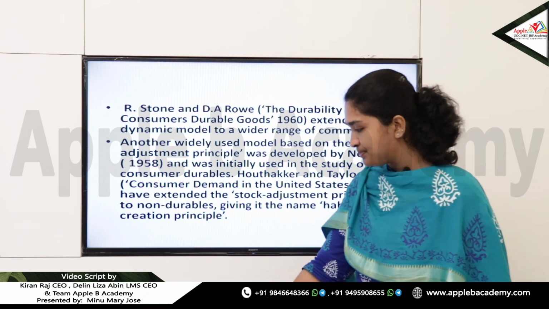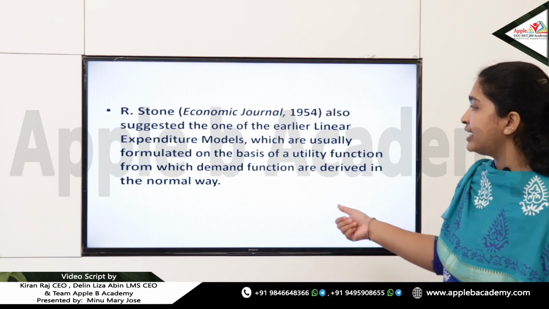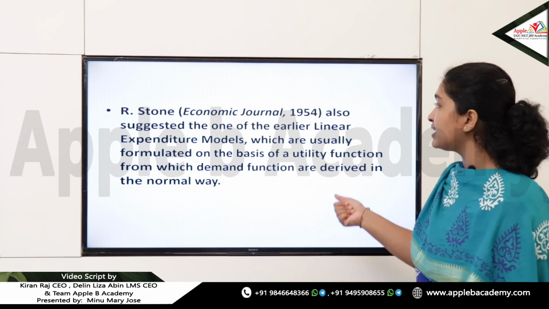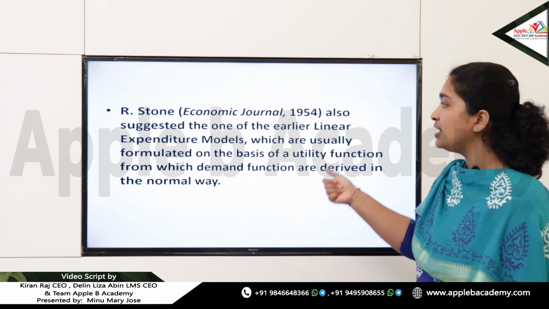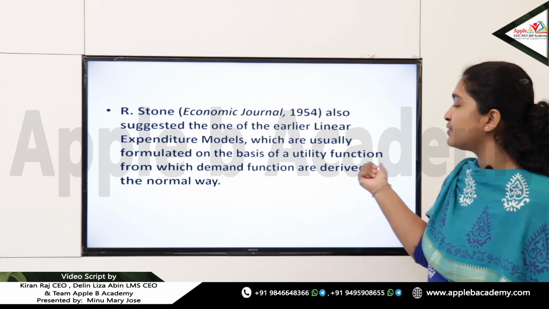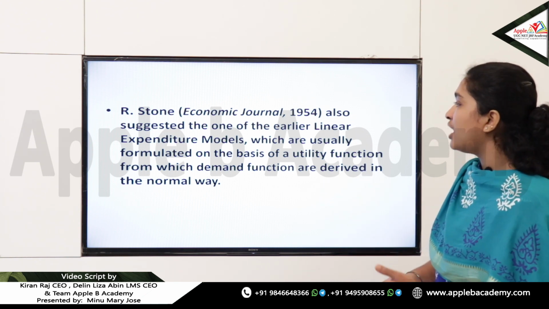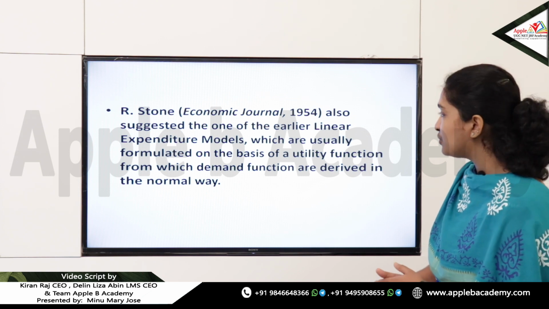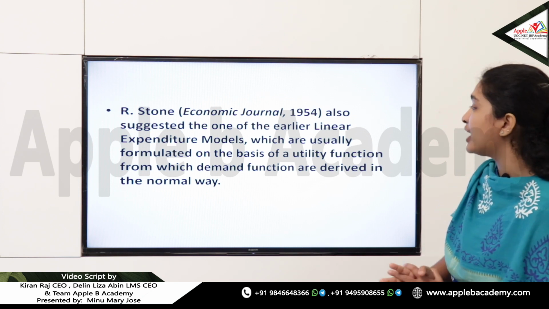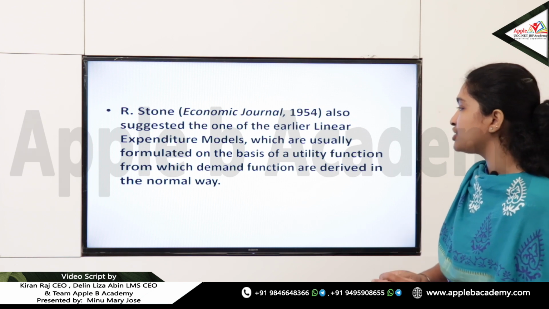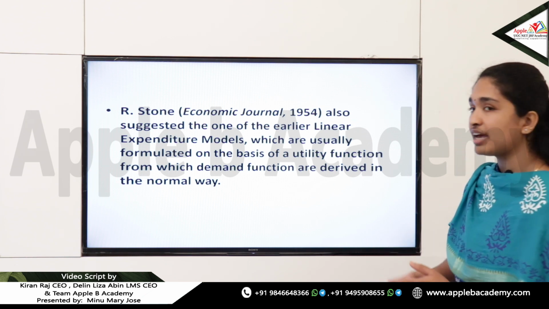1966, and then Richard Stone's linear expenditure models came up in 1954 in the Economic Journal. He suggested one of the earlier linear expenditure models, which are usually formulated on the basis of a utility function from which demand functions are derived in the normal way.